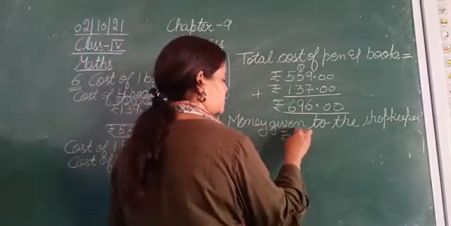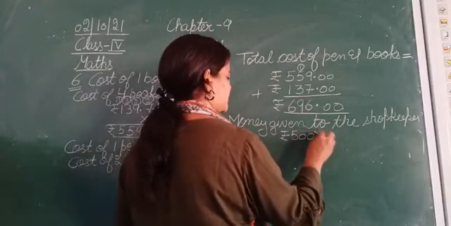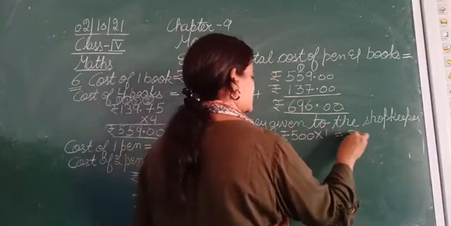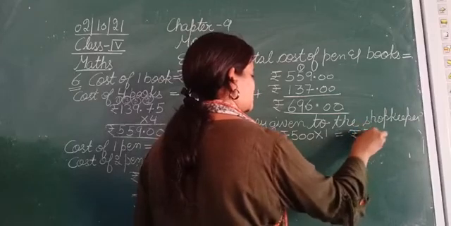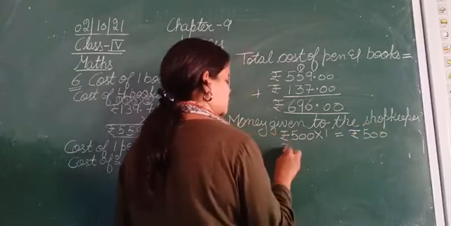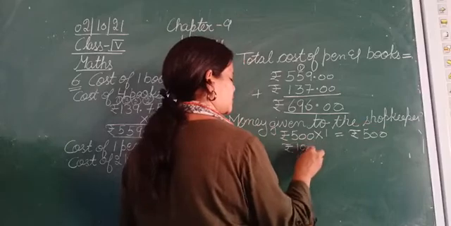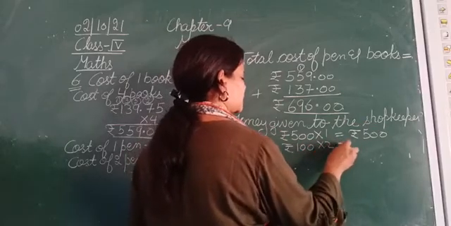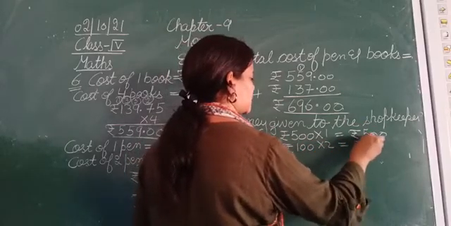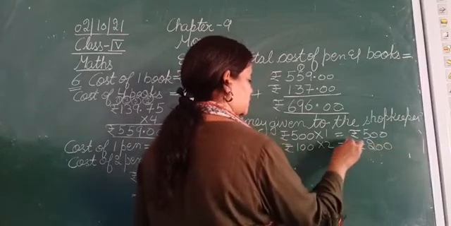So 500 rupees multiplied by 1 is 500 rupees, and 2 notes of 100 rupees, so 100 rupees multiplied by 2 is 200 rupees.